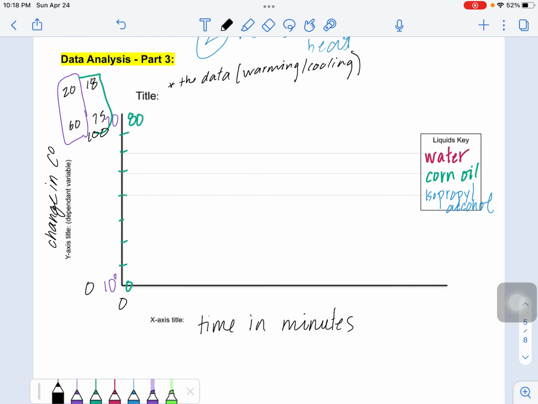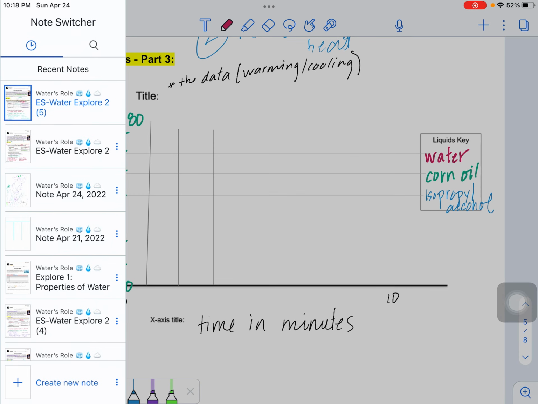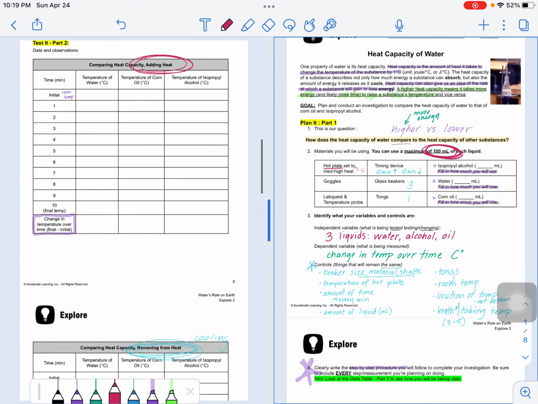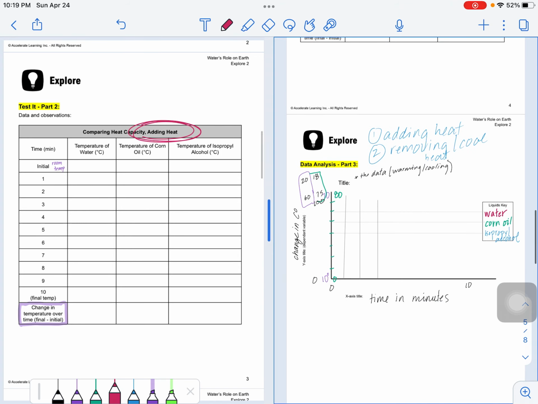You've got time 0, minute 10, and you might put in your vertical lines so you can make that grid for yourself. And then you're going to go back and forth between your data. Remember this trick we talked about? You can look at the same document half screen, so then you can look at your data along with your graph and make it happen.